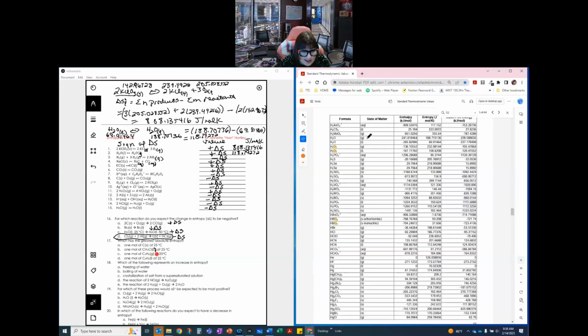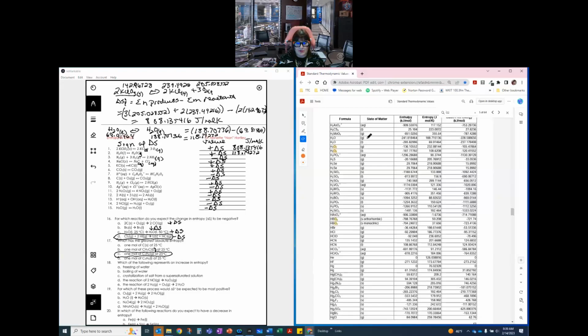I see 1 C2H6, that's a gas. I would expect this one to have the greatest amount of disorder because it's a gas at 25 degrees, so it has the most disorder based on its phase. The other thing is that it's a fairly big molecule. C2H6 is fairly complicated, so I would expect that to have more disorder than C solid or CH3Cl. Okay, so that would be the one that I would choose.